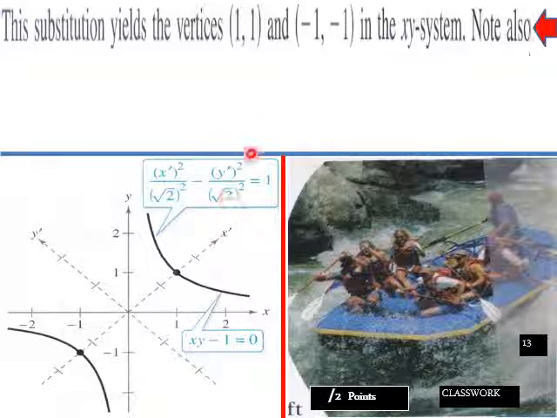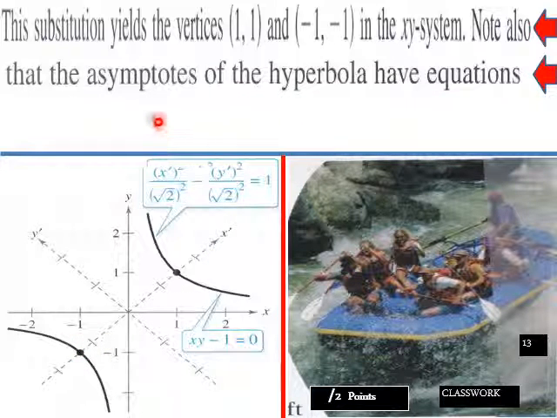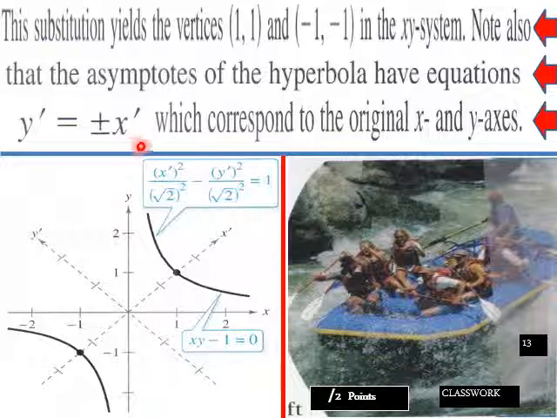That yields the vertices at 1, 1 and negative 1, negative 1. Note also that the asymptotes of the hyperbola have equations y prime equals plus or minus x prime, which corresponds to the original x and y axes.